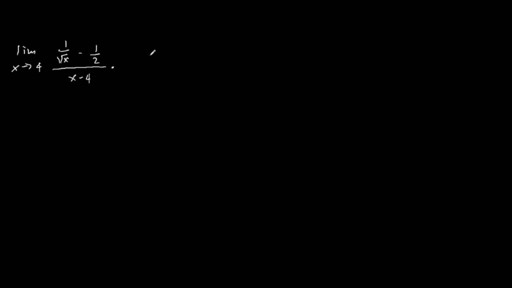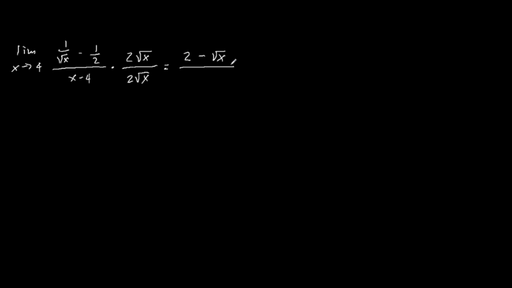Then we get the LCD for the numerator, which is 2 square root of x, so we multiply by 2 square root of x and we divide also by 2 square root of x. And then we simplify. 2 square root of x times 1 over square root of x is equivalent to 2, minus 2 square root of x over 2, which is equivalent to square root of x.